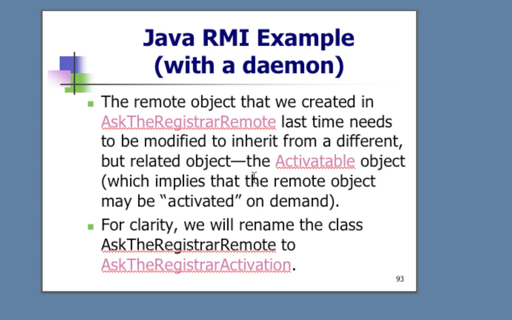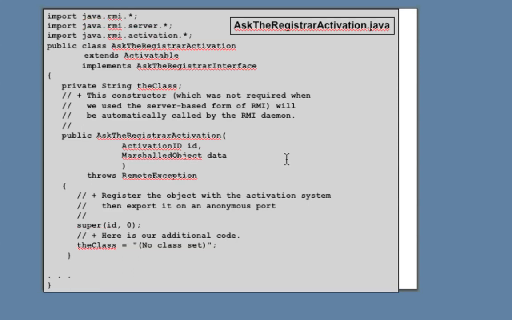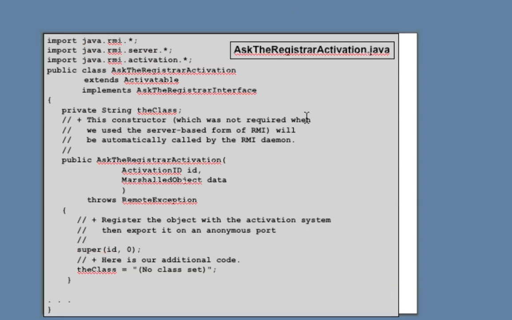Okay, so it should have been renamed. So AskTheRegisterActivation is essentially going to be inheriting from a different class, so it's going to extend Activatable, and it implements the AskTheRegister interface. So no, that wasn't the problem.